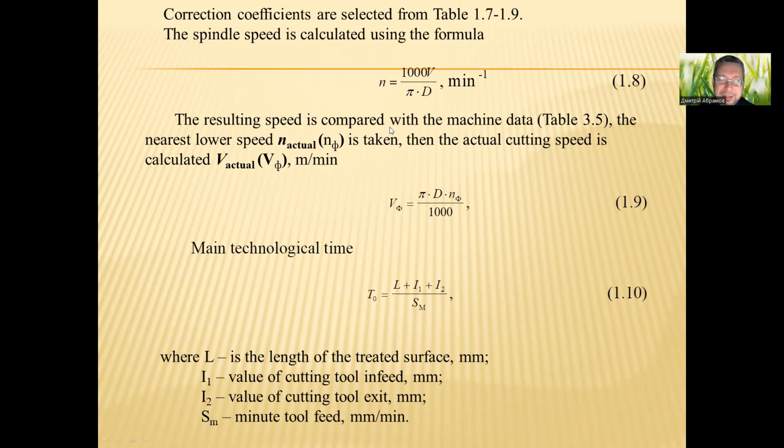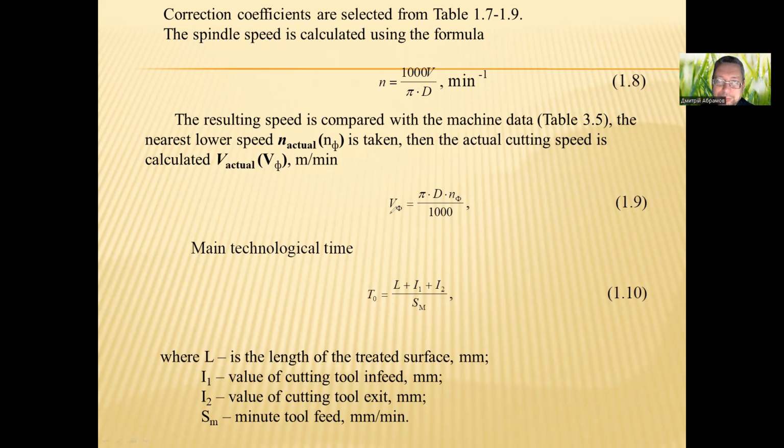The resulting speed is compared with the machine data. The nearest lowest speed, N actual, is taken, then the actual cutting speed, V actual, is calculated using formula 1.9.